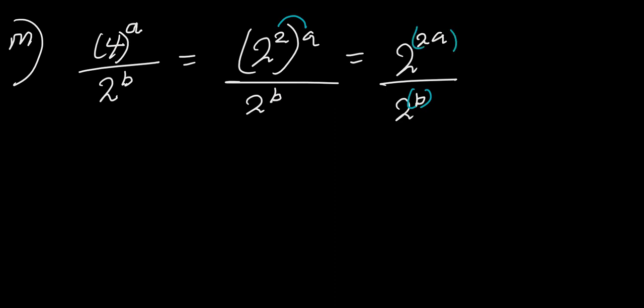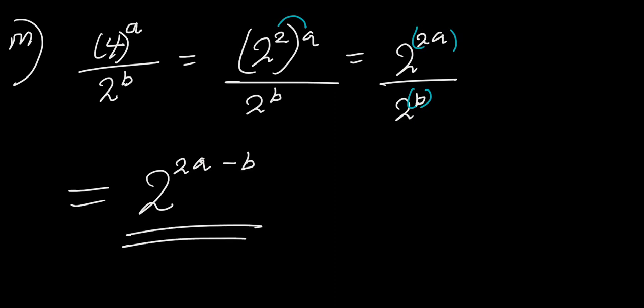So we are going to keep the same base because we have a base of 2. So this will become 2 exponent 2A minus B. So this is now the final answer to this question.